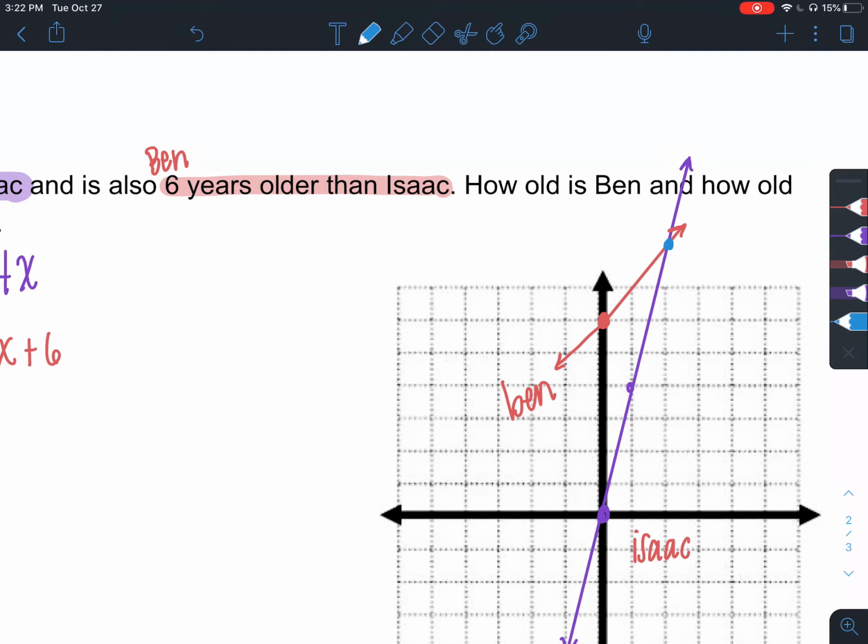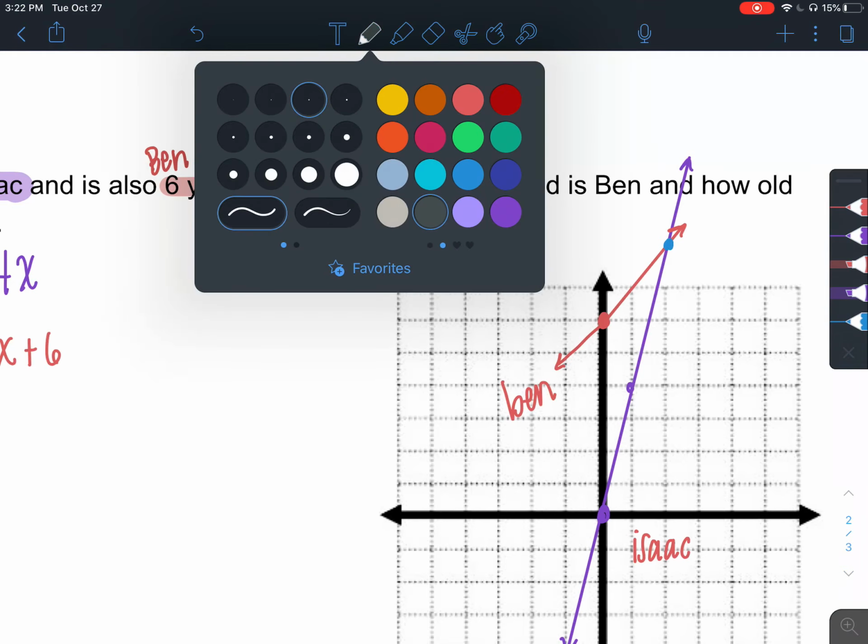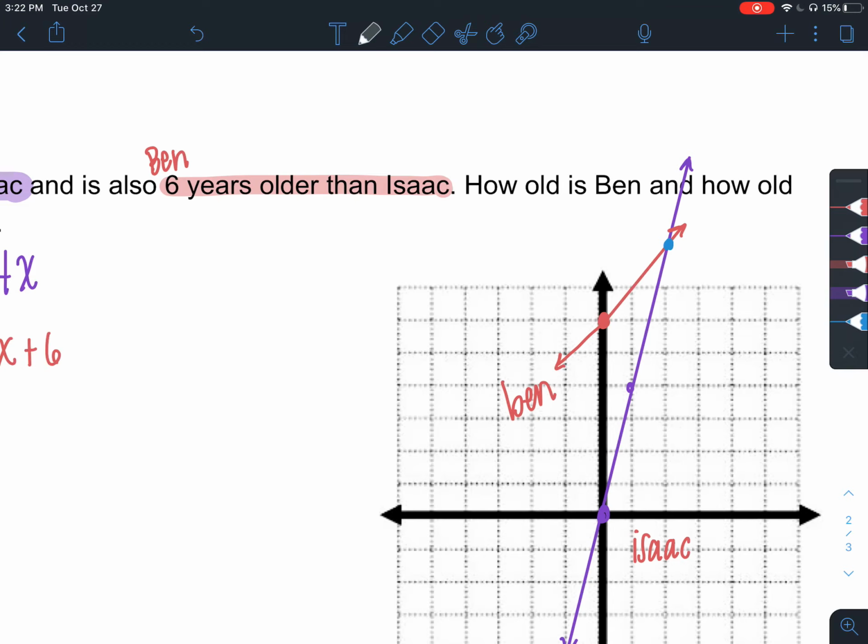If we were to count that out, this would be up 2 more, I think. Yeah, it's probably up about 2 more, and then it's this line right here.